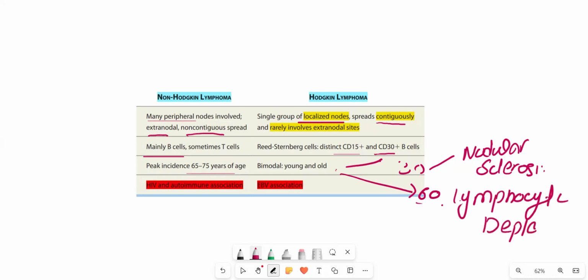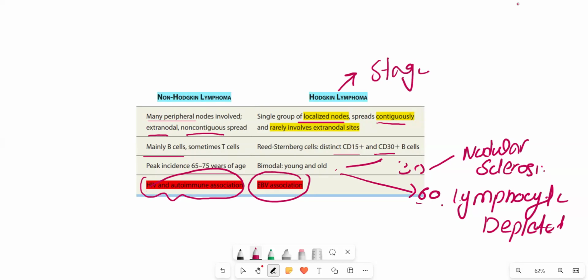Hodgkin lymphoma is highly associated with Epstein-Barr virus, while non-Hodgkin lymphoma is highly associated with HIV and autoimmune disease. Another thing: treatment of Hodgkin lymphoma is according to the stage, while non-Hodgkin lymphoma is treated according to histopathology.